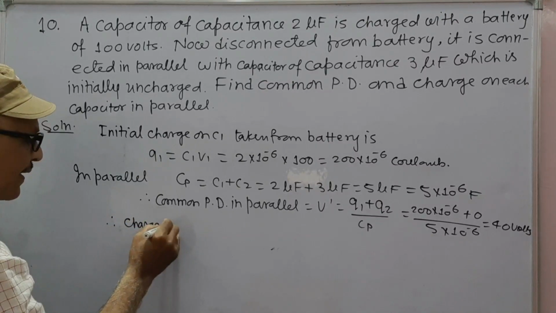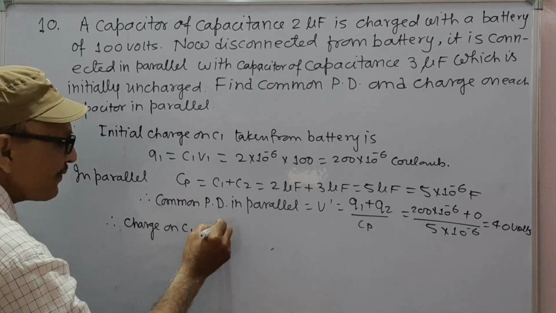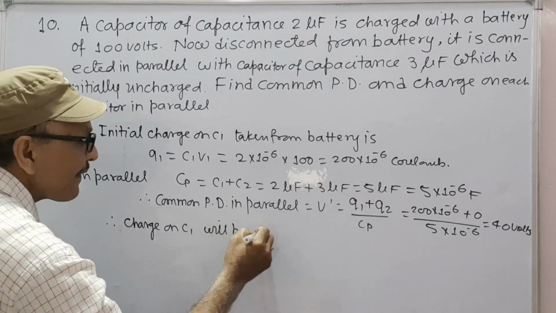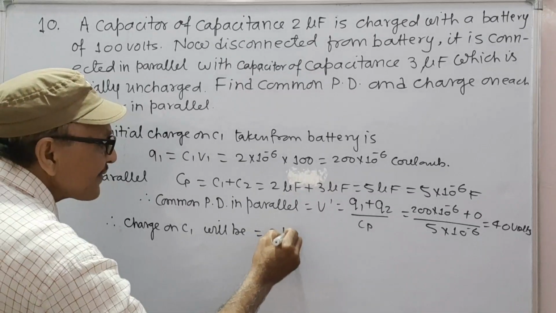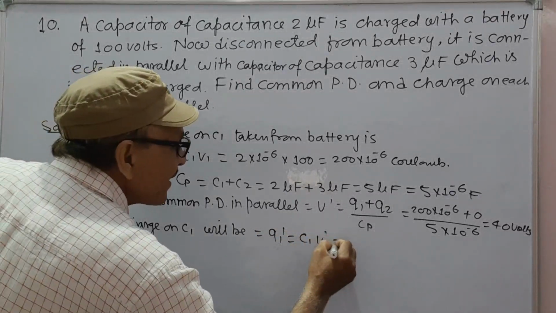Therefore, charge on C1 will be Q1 dash, C1 into V dash.